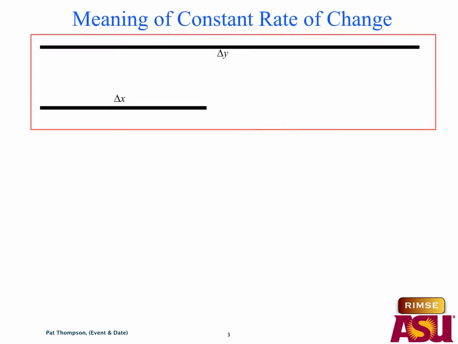So we talked about this kind of example last time, where when we looked at these bars, we said the changes in y relative to the changes in x are 2.1, right? So delta y is a multiple of delta x, and that multiple is about 2.1.